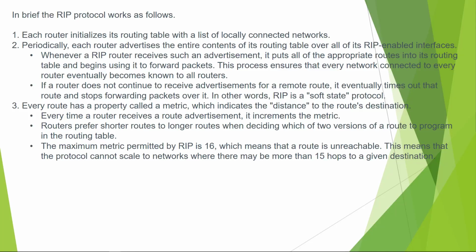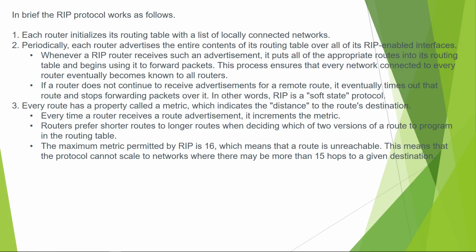Every route has a property called metric, which indicates the distance to the route's destination. Every time a router receives a route advertisement, it increments the metric. The router prefers shorter routes to longer routes when deciding which version of a route to program in the routing table.